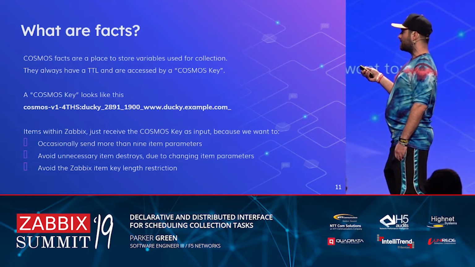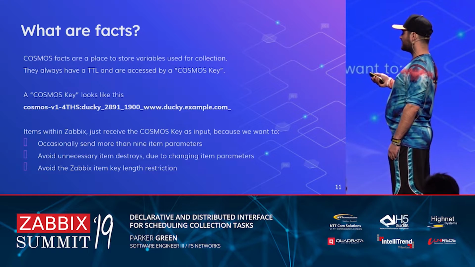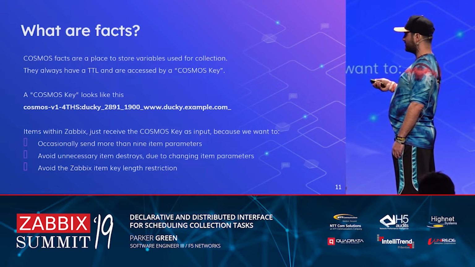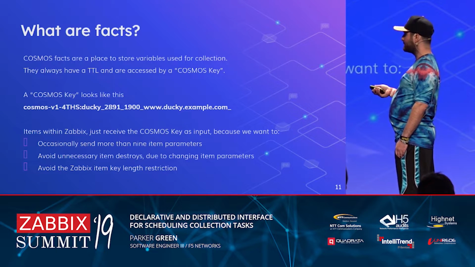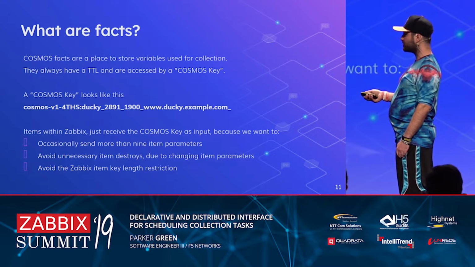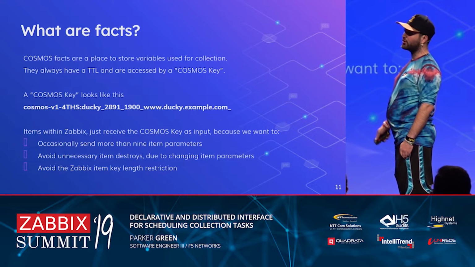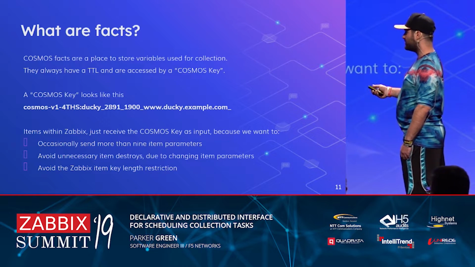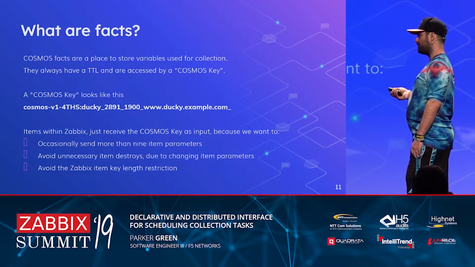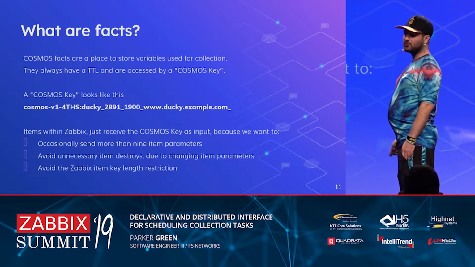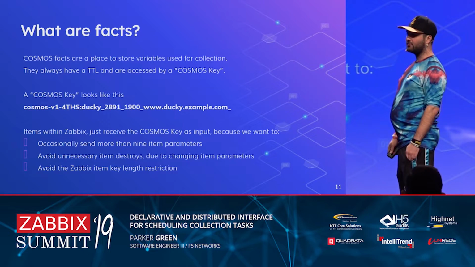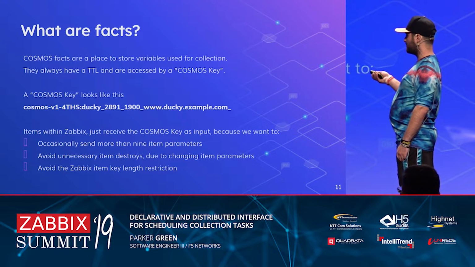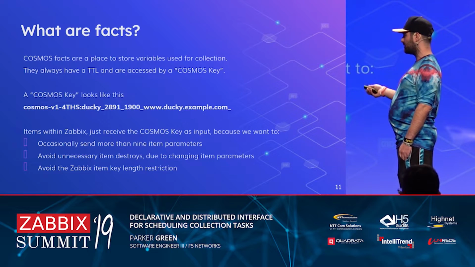So we would have a customer ID and then some database IDs and maybe a host name or something like that. Items in Zabbix just receive this Cosmos key as input, and the user parameter scripts use this to go learn information about the test. We do this for several reasons. Occasionally we want to send lots and lots of parameters, and we're limited by the 9-item parameter limitation.